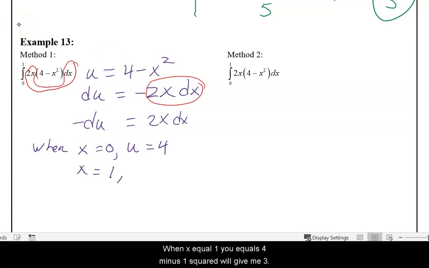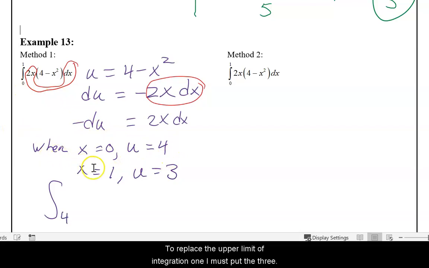When x equals 1, u equals 4 minus 1 squared would give me 3. To replace the lower limit of integration 0, I must put the 4. To replace the upper limit of integration 1, I must put the 3.